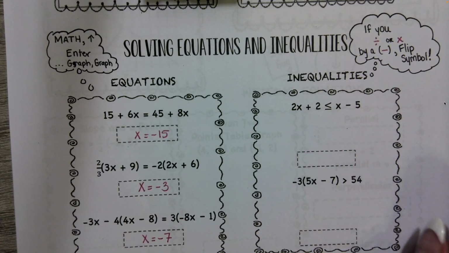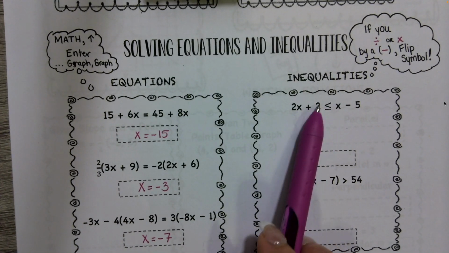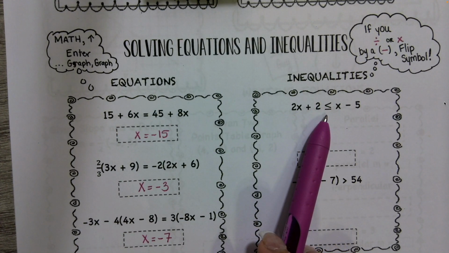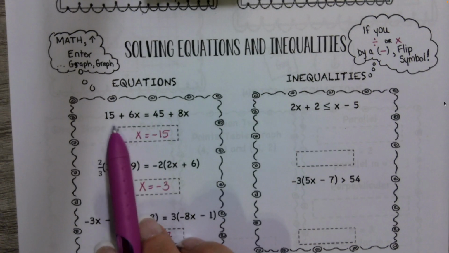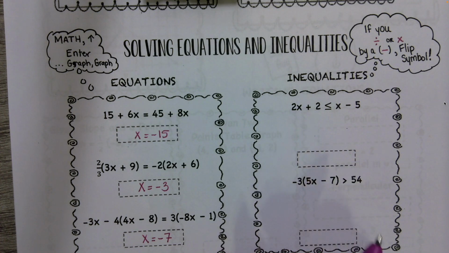But if you use your calculator, it wouldn't know when to flip this one. So I don't recommend using calculator to do the same thing we did over here. So you have to solve this by hand.